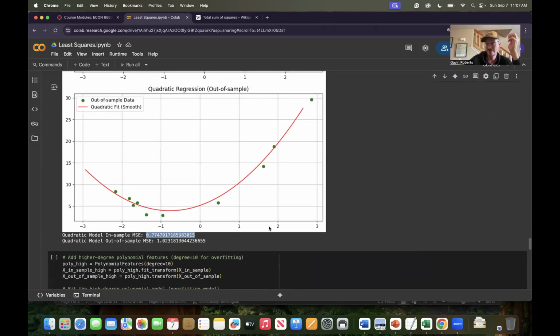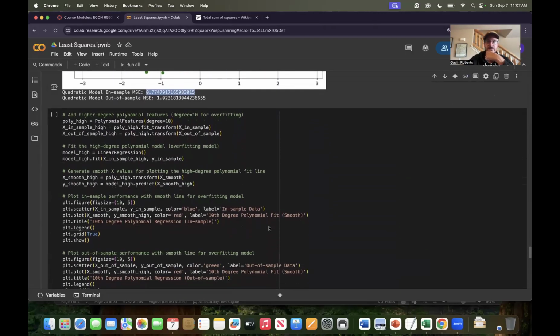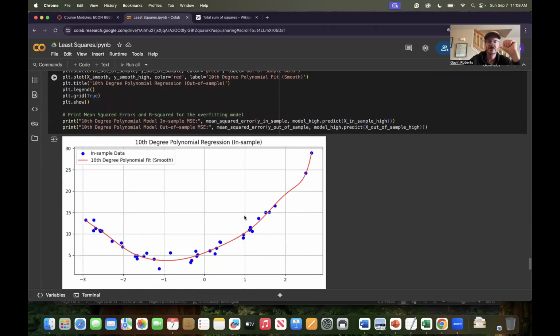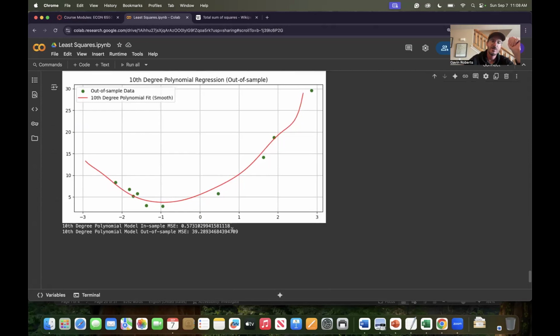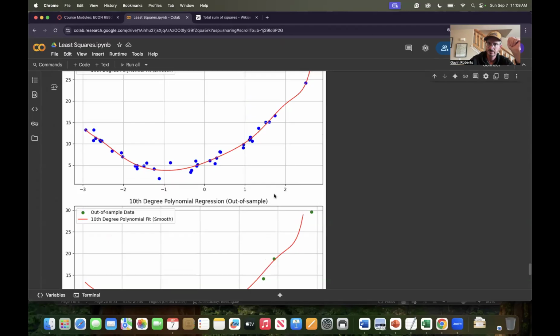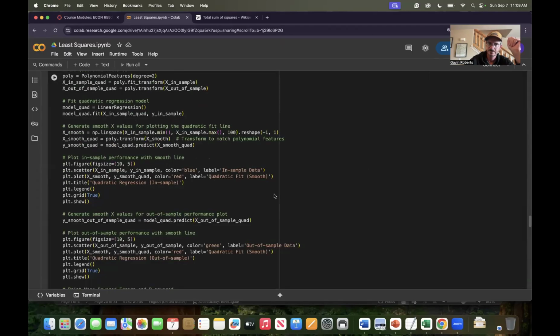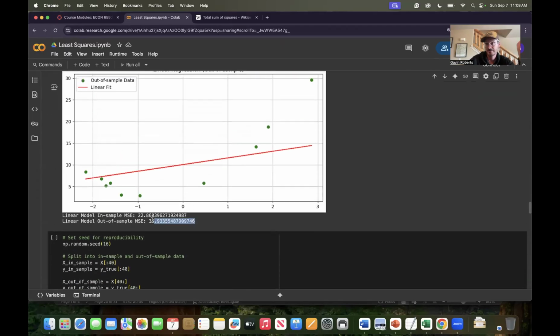In percentage terms, that's a dramatic increase. I'm a dramatically better in sample model if all I care about is the MSE. However, now I'm back to being worse than the linear model out of sample.